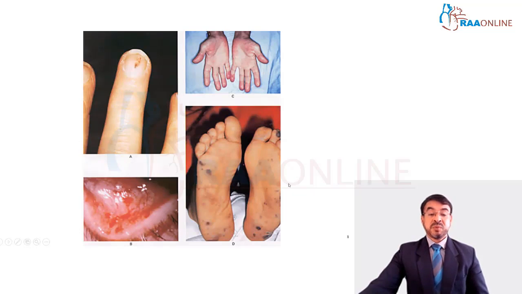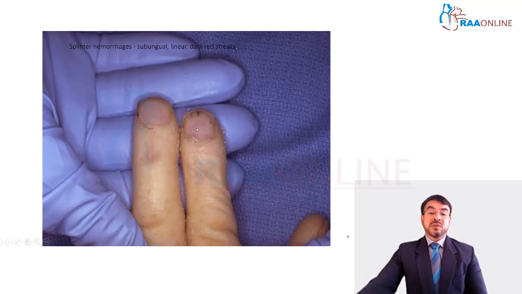Here are some more pictures to help you understand the immunological phenomena. These subungual hemorrhages look like a splinter, so they're called splinter hemorrhages. These are Osler's nodes. These are Roth spots, and these are Janeway's lesions. This clinical picture shows subungual hemorrhages shaped like a splinter, so these are called splinter hemorrhages.